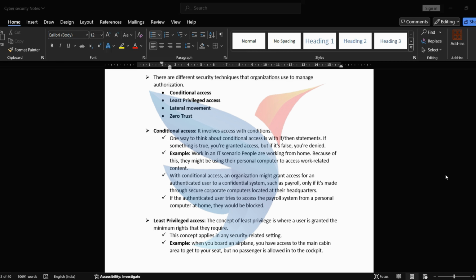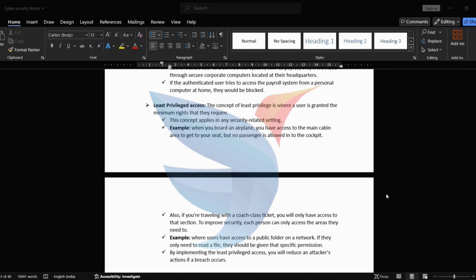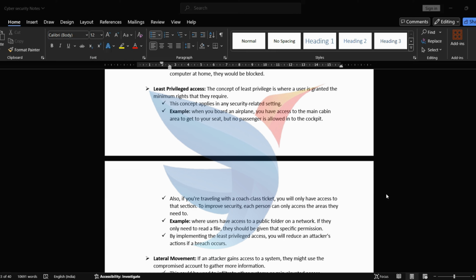Let's see what is least privileged access. The concept of least privilege is where a user is granted the minimum rights that they require. It applies in any security related setting. For example, when you board an aeroplane, you have access to the main cabin area to get to your seat.